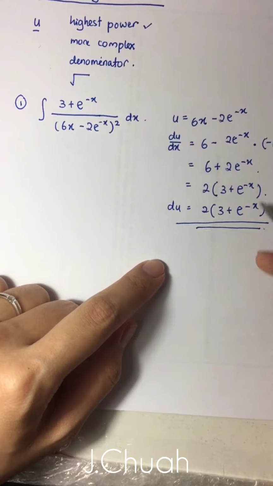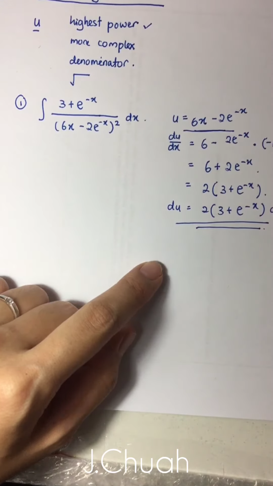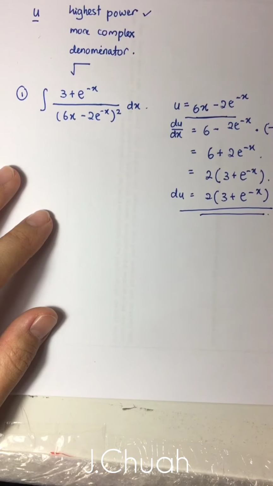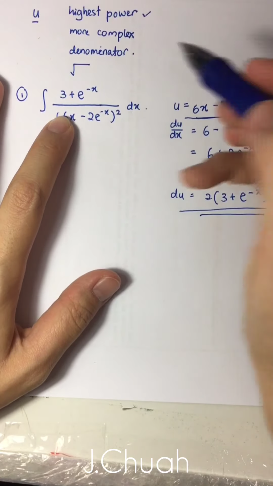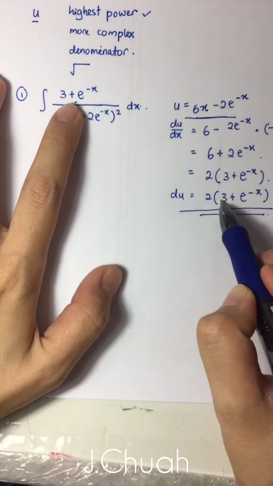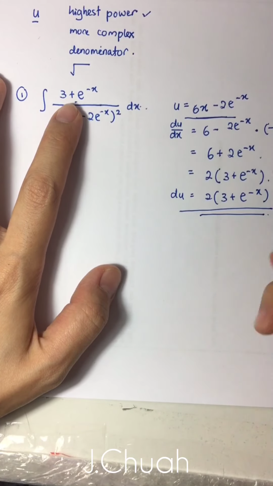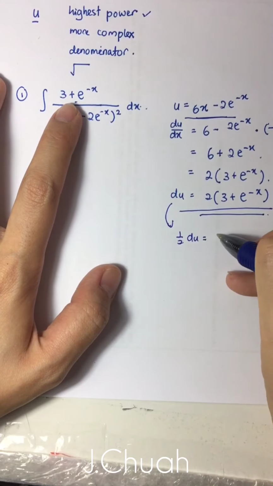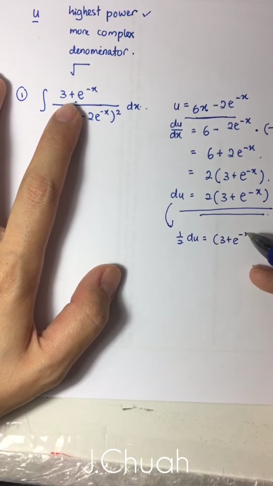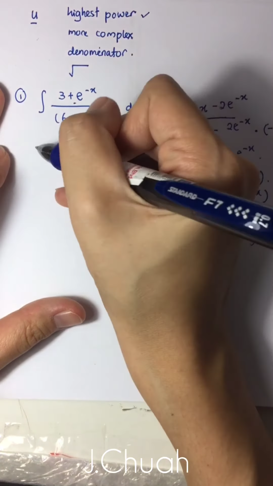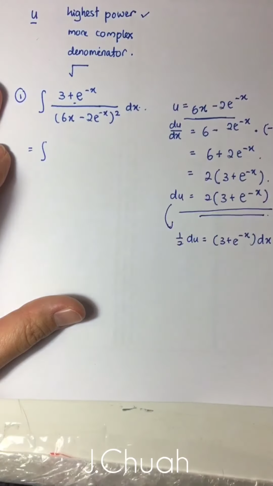This and this will be important. As you can recognize, this one and this one is actually here. In other words, you can change it into half du equals 3 plus e to the power of negative x dx, and then you can put it in here.